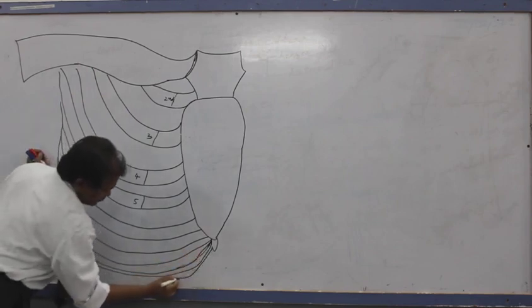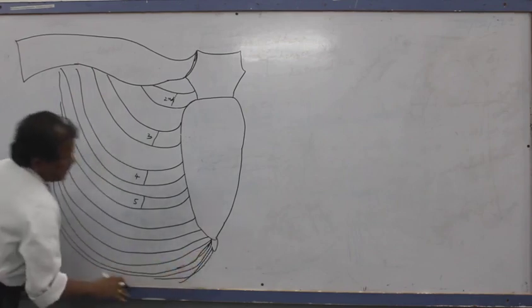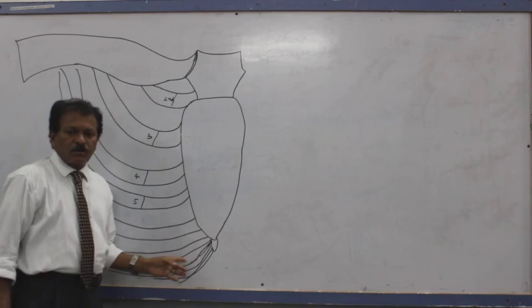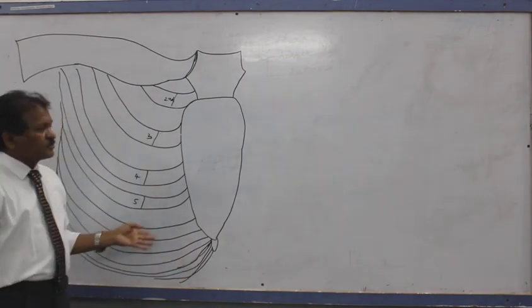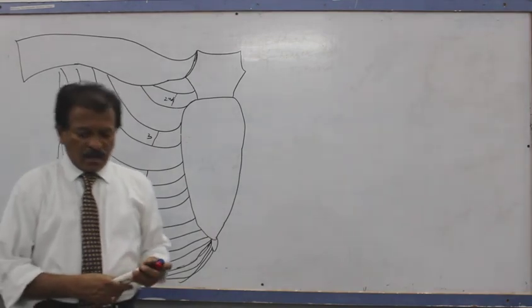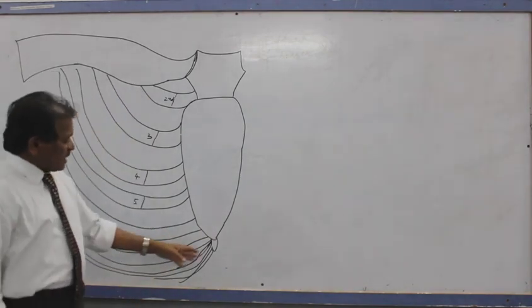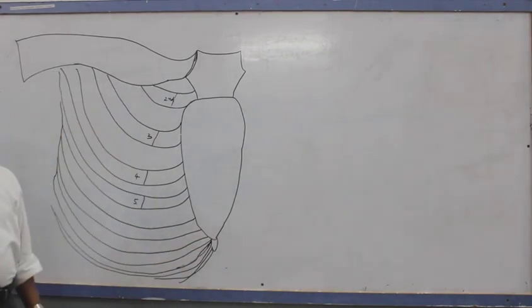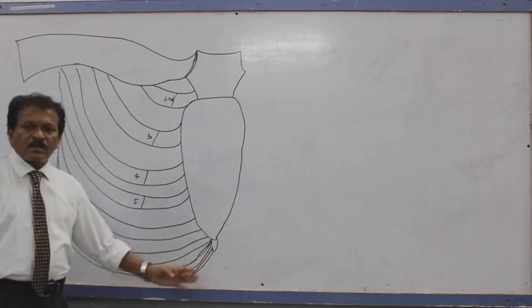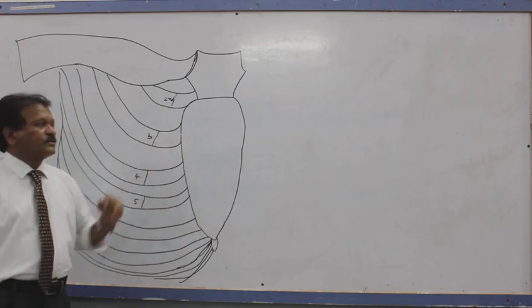And here this one is the ninth, and the 10th, 11th, 12th. The first seven are the true ribs, and 8, 9, 10 are the false ribs. The true ribs attach directly to the sternum, and the remaining ones do not attach, like the 9th and 10th; these are the false ribs, and there are floating ribs, which do not attach to the sternum.